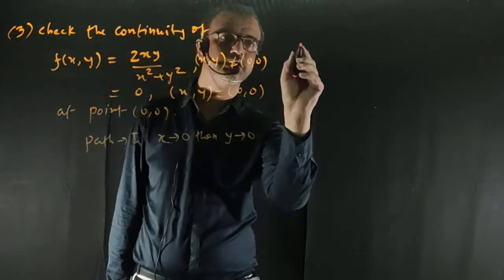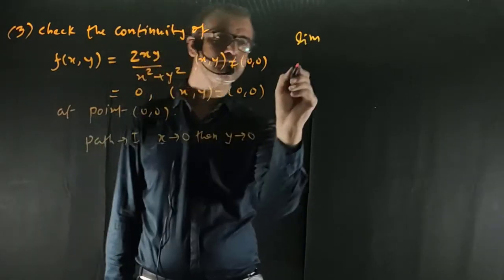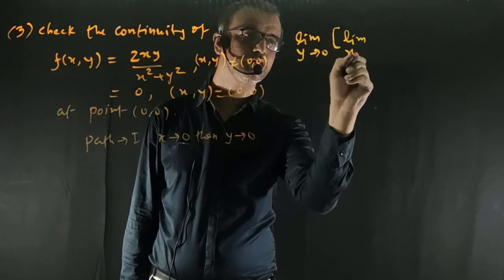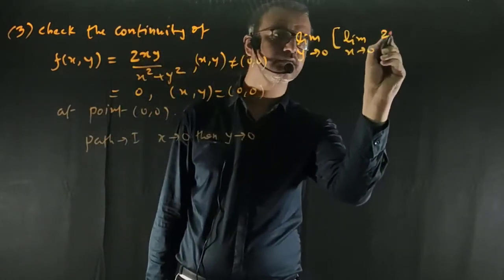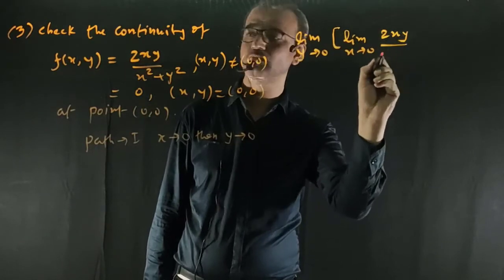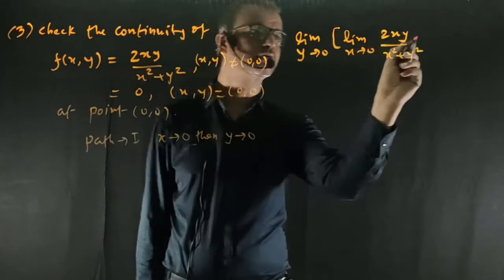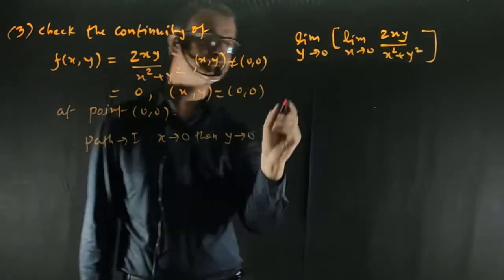So we have limit y tends to 0, limit x tends to 0, and the function f(x,y) is 2xy over x square plus y square.